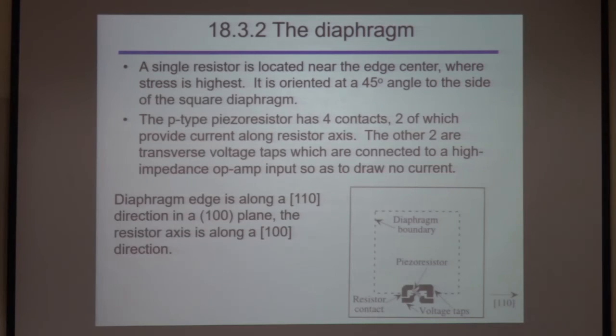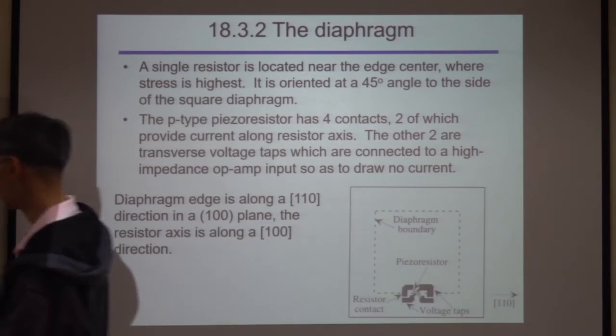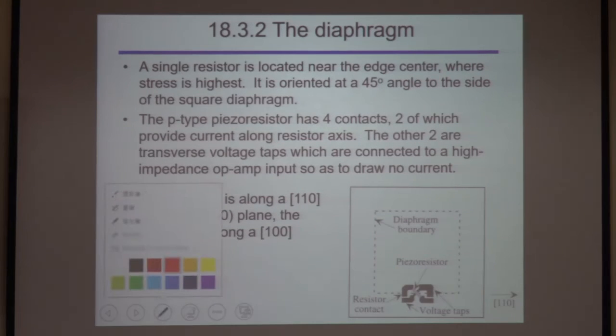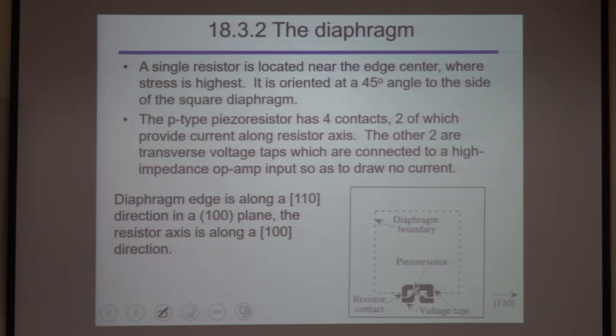So why is that? Because of the etching process, let me explain the etching again. If this is a 100 wafer, so this is the 100 direction, then we do the etching process, anisotropic etching. Remember, we have the 100 surface, 110 surface, and 111 surface. On each surface, the atom density is different.